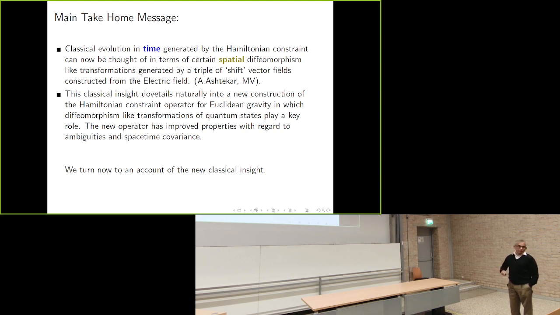It doesn't offer a complete solution, but it does have improved properties. So let me now turn to an account of this new classical insight. And in order to do so, I'll just make a very brief digression on Lie derivatives and their gauge covariant counterparts or generalizations.